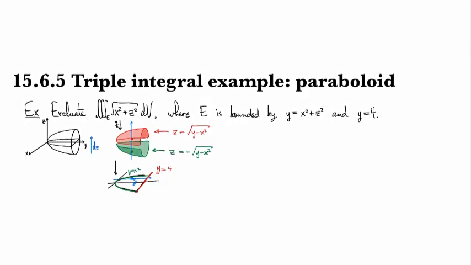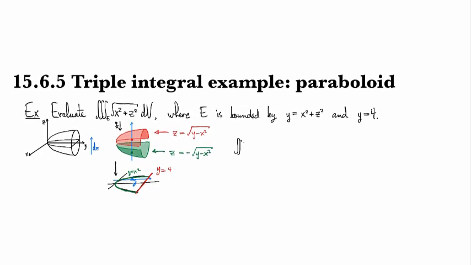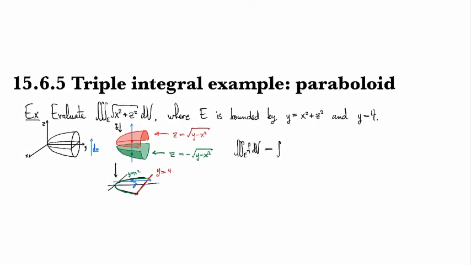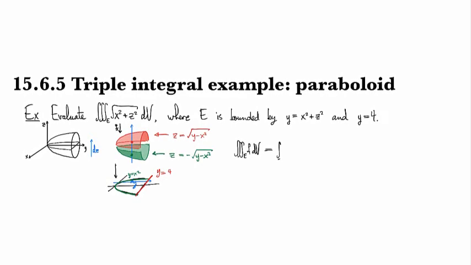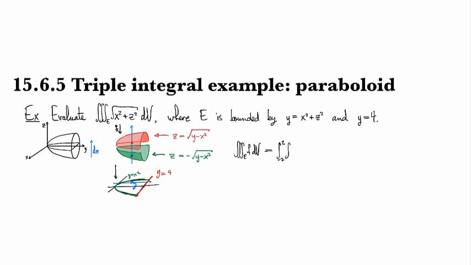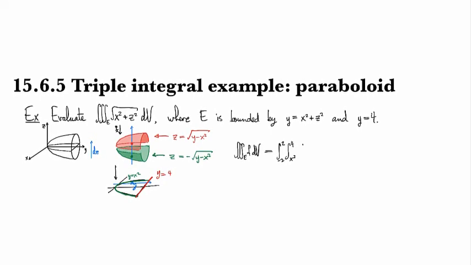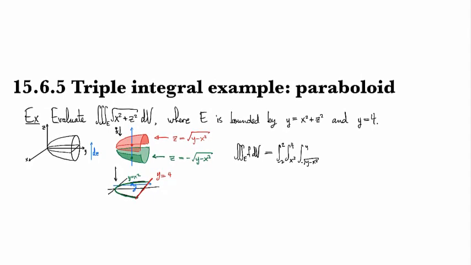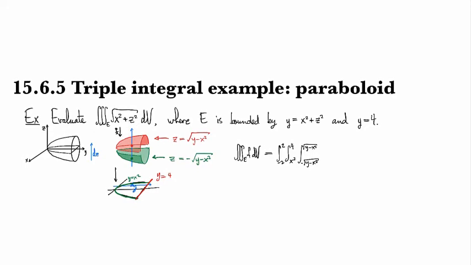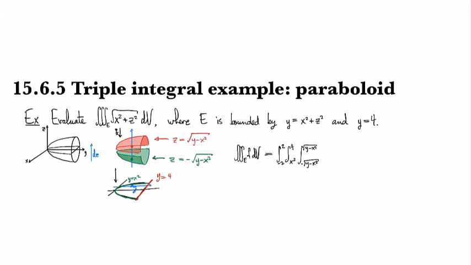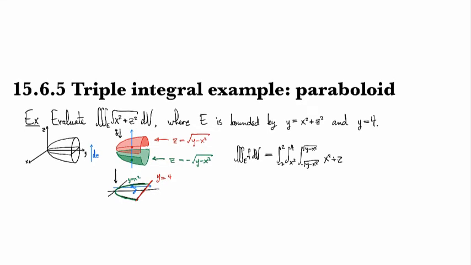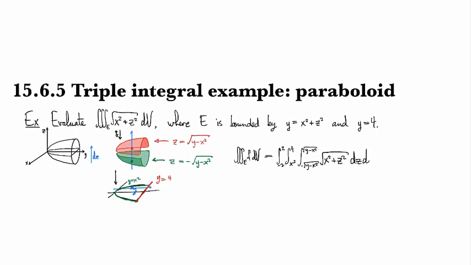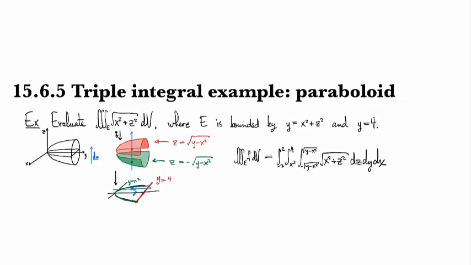And so our integral would be, the triple integral over E of f dV is going to be, going from minus 2 to 2, and then from x squared up to 4, and then from minus square root of y minus x squared up to positive square root of y minus x squared, of the square root of x squared plus z squared, dz, dy, dx.